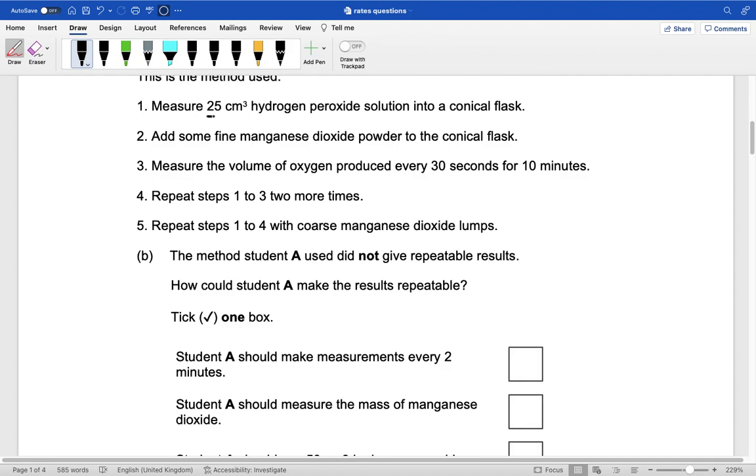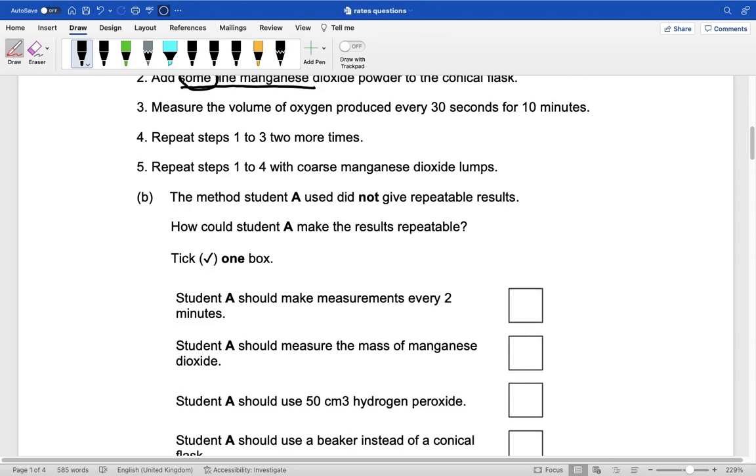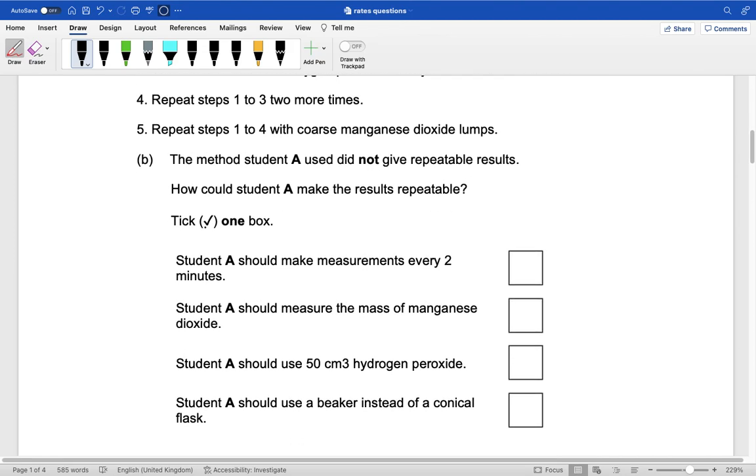So they used 25 centimetres of hydrogen peroxide solution, but they weren't very specific with the mass of the manganese dioxide that they used. They've just used this word some, which means it's not an exact amount. One time you could use more, the second time you could use less. So we need a way of controlling that variable, and that would give student A repeatable results.